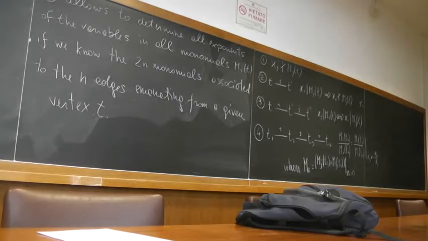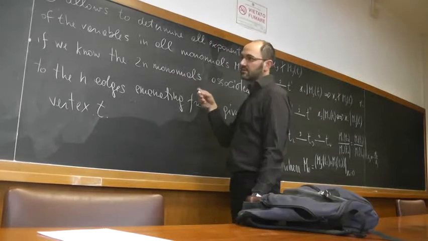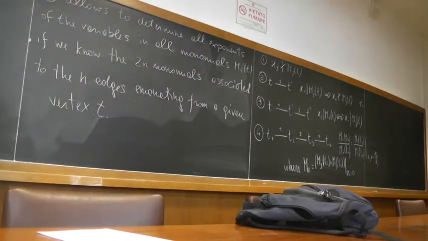So the 2n monomials associated to the edges at distance 0 are known by hypothesis. If we know the 2n monomials, in this case the 6 monomials associated to these three edges, then we can determine all the exponents of the monomials. The first step was n equal 1.